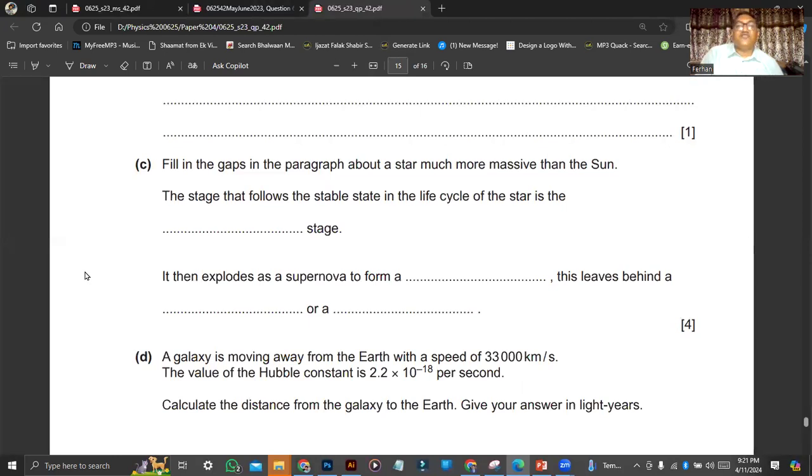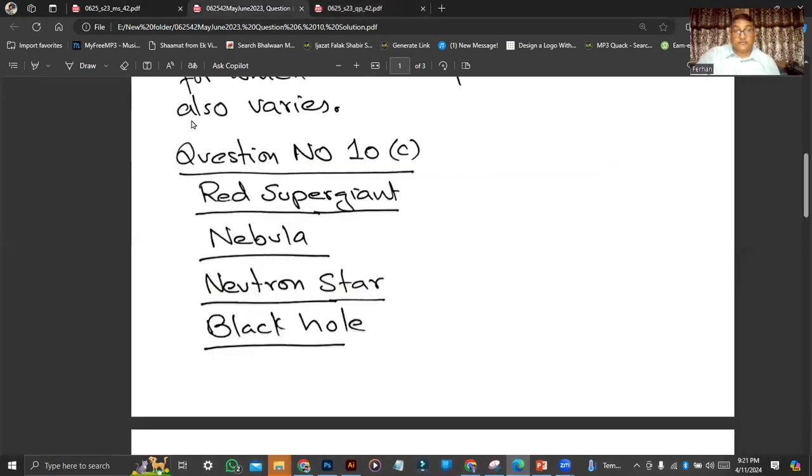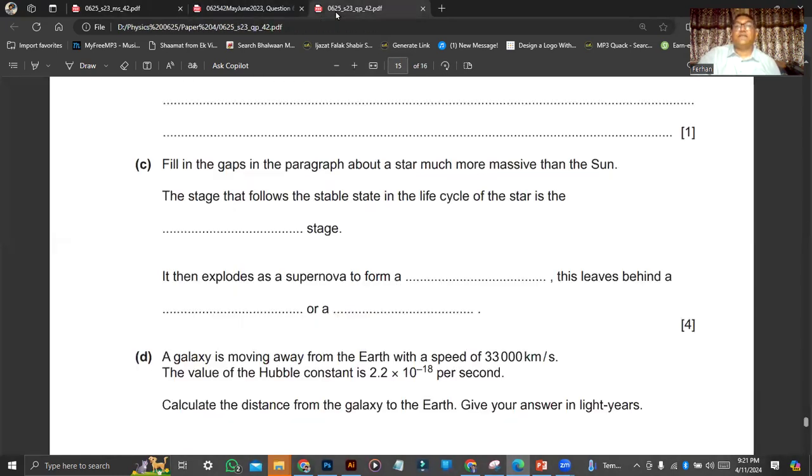So here you will write red supergiant stage. It then explodes as a supernova to form a nebula. So we will write here nebula.